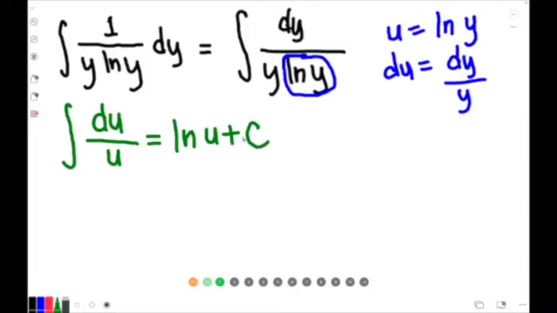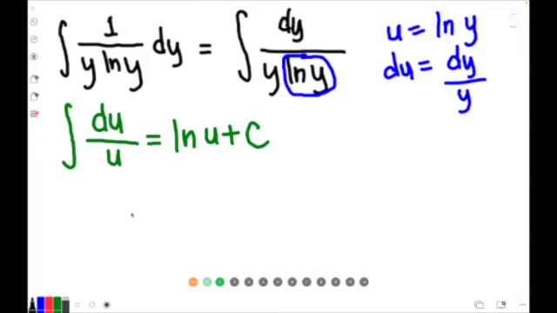Now all we need to do is to substitute the value of u to this theorem that we learned before. It's the same problem, so I will just proceed to writing the answer.